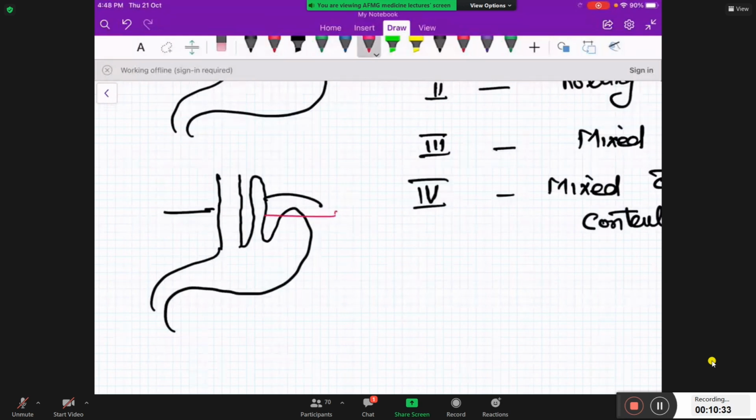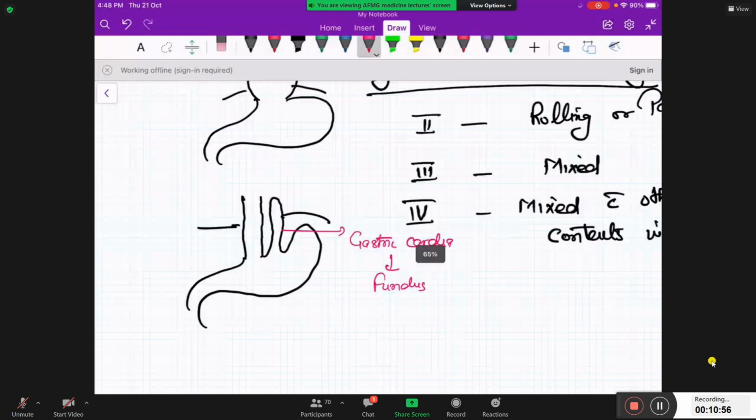It is gastric cardia. If not in your choice, then it is fundus. The part of the stomach which goes into the thorax in rolling type is gastric cardia, followed by fundus.